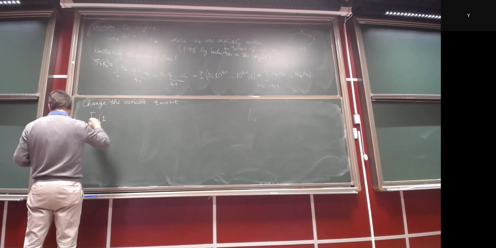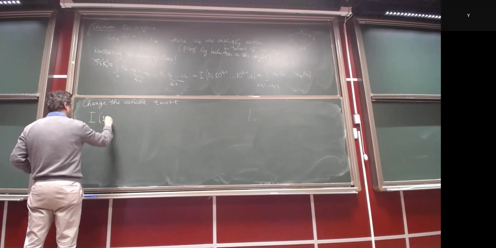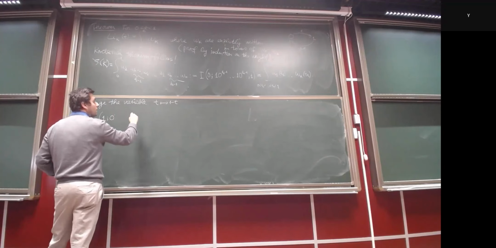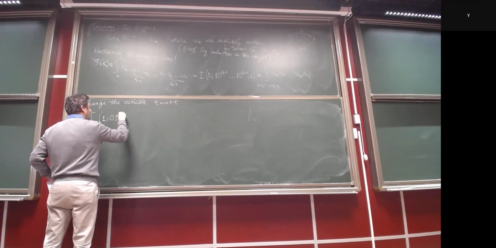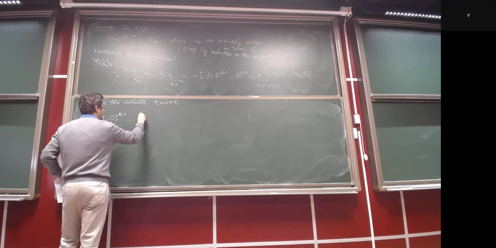We'll have 1, 0, 0, 1, k minus 1. So I'm going to change 0 with 1.